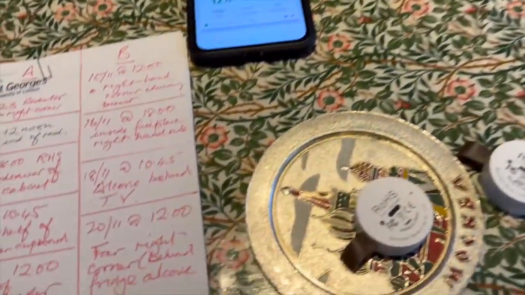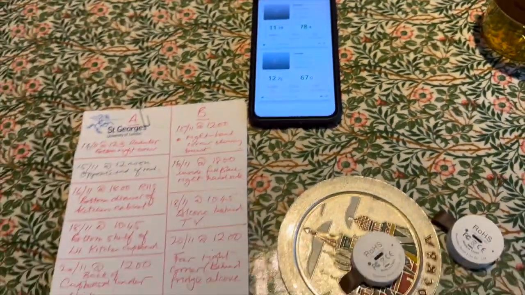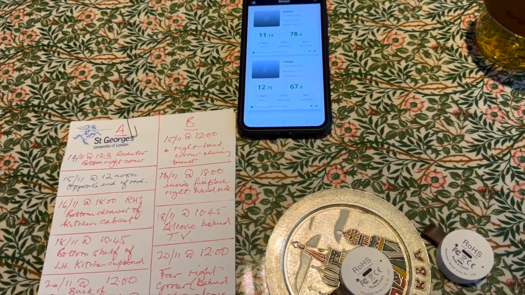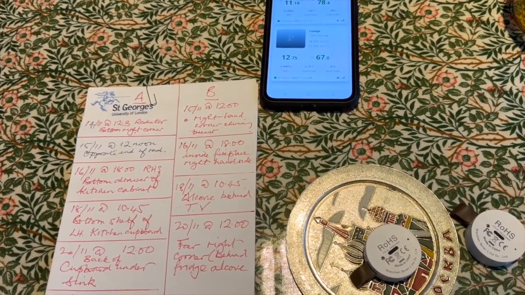So you've moved it from one part of the room to another. The dew point should be pretty consistent, and that's the thing that we're looking at. So I'm less concerned about that.